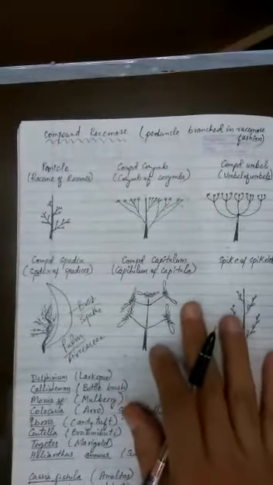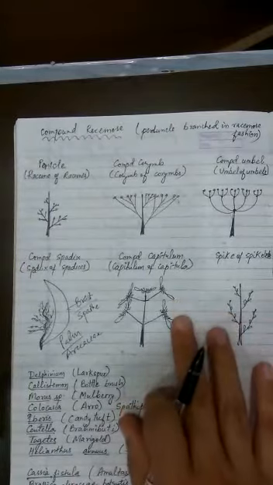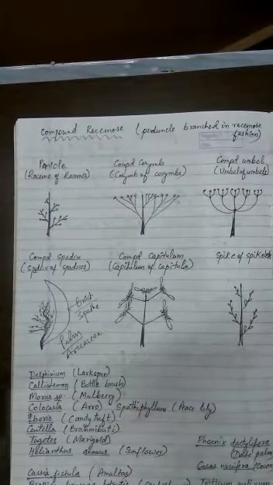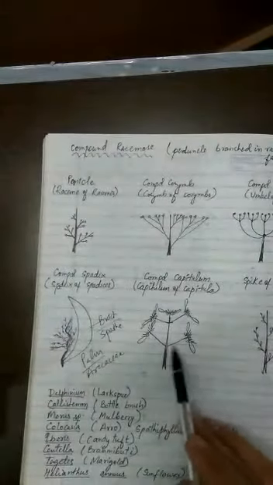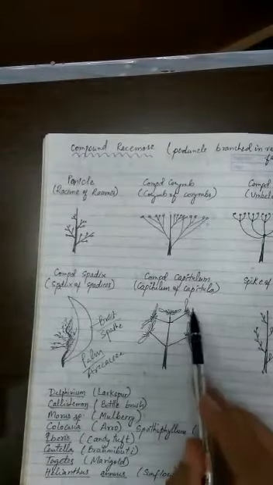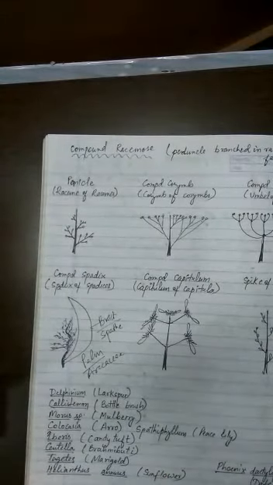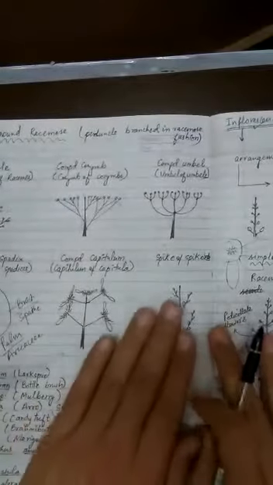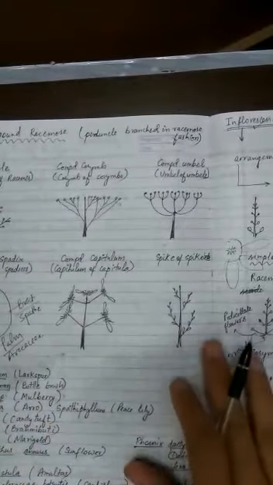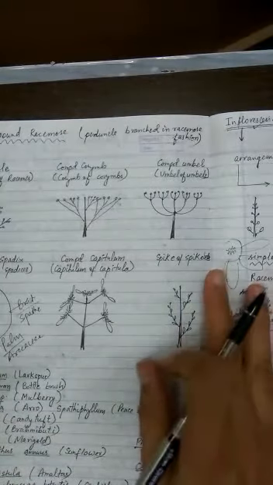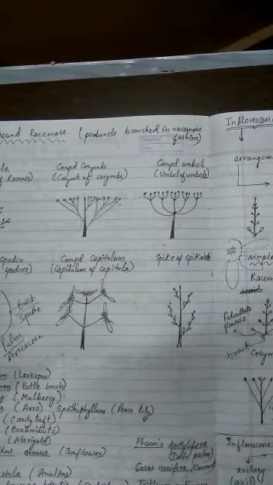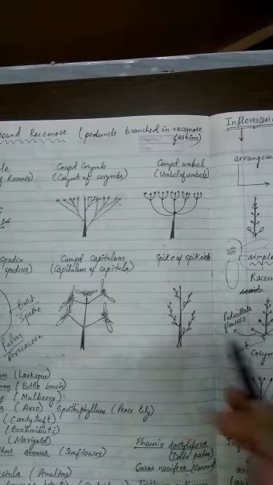Now the next one is compound capitulum. Compound capitulum is also called capitulum of capitula. It will have the same arrangement. The only difference is the axis is going to be branched, and each branch will have flowers arranged in the same manner. In the same manner you can have spike of spikelets, also called compound spike. Compound spike is found in the case of wheat and oat.